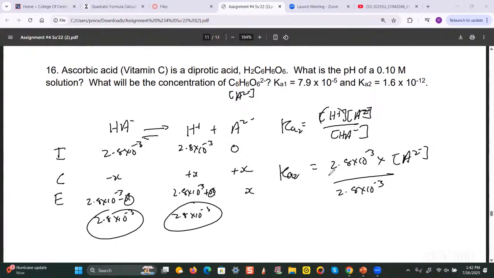And guess what? Those two will cancel each other out, right? So basically Ka2 will be equal to the concentration of A2 minus, which is 1.6 times 10 to the minus 12. So that's the answer for the second part.